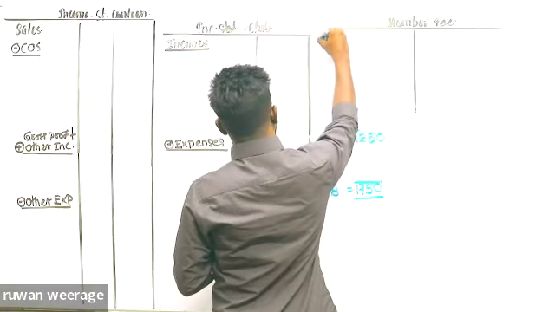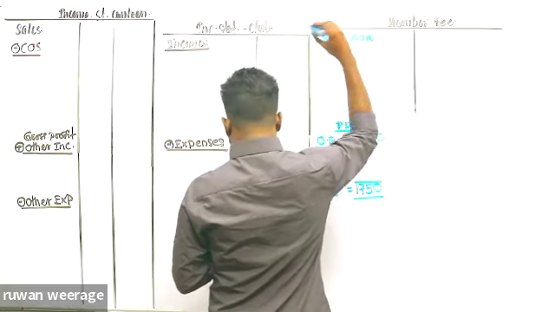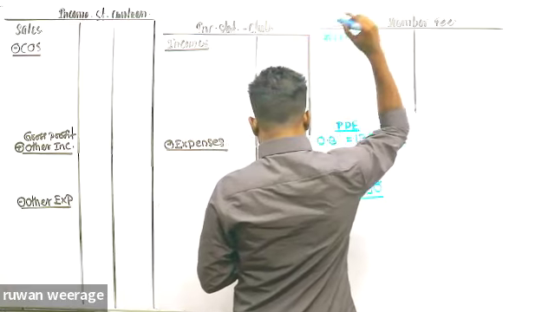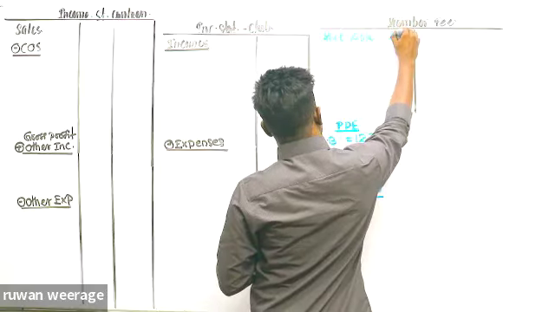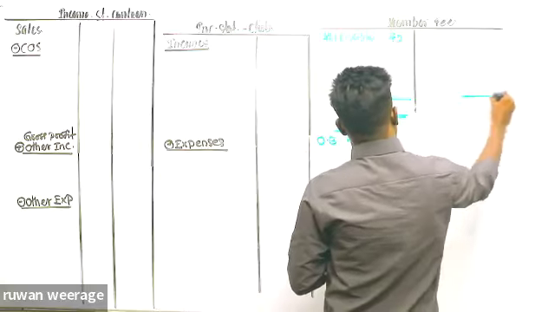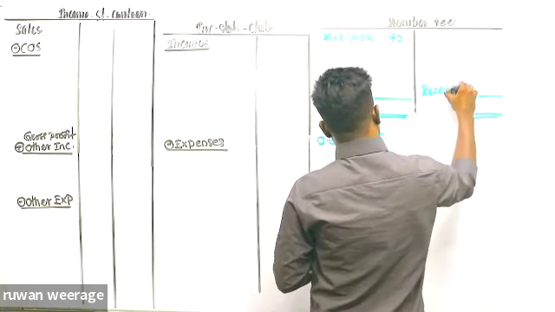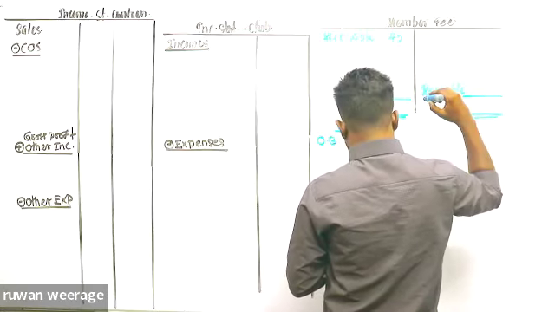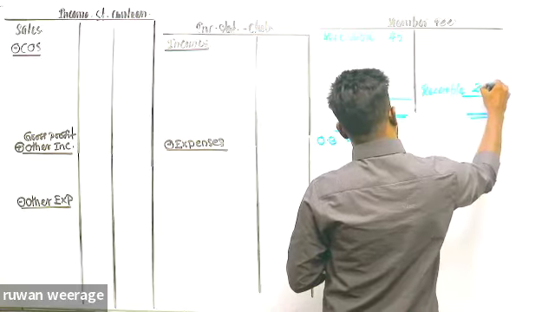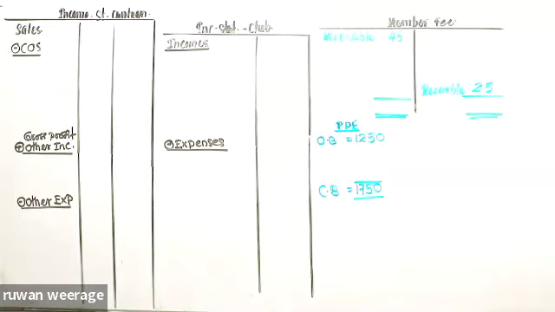Record the opening receivable 45,000. Closing receivable 25,000. Record it and tick the amount.